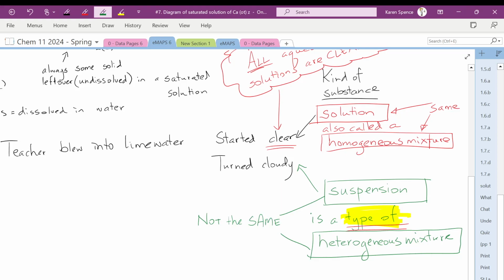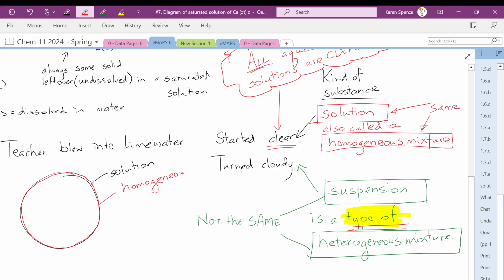Okay, so heterogeneous mixture is the big category, suspension is a small category within that. Yes, so if we did Venn diagrams for these two, we would say solution, homogeneous mixture. Yes? Because they all include all the same things.